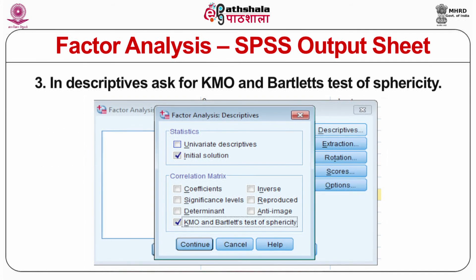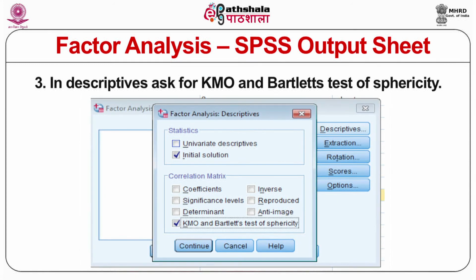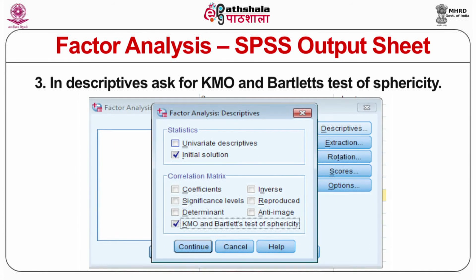Step 3. In Descriptives, ask for KMO and Bartlett's test of sphericity. The Kaiser-Meyer-Olkin, or generally KMO, measure of sampling adequacy is an index used to examine the appropriateness of factor analysis. High values, between 0.5 and 1, indicate that factor analysis is appropriate.